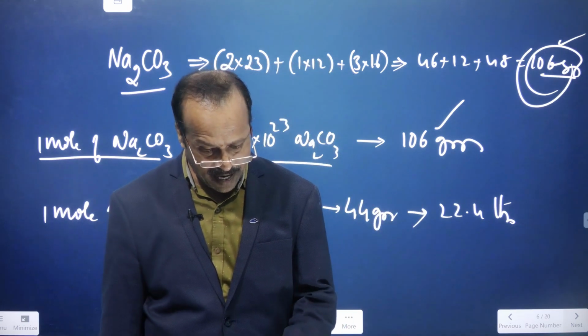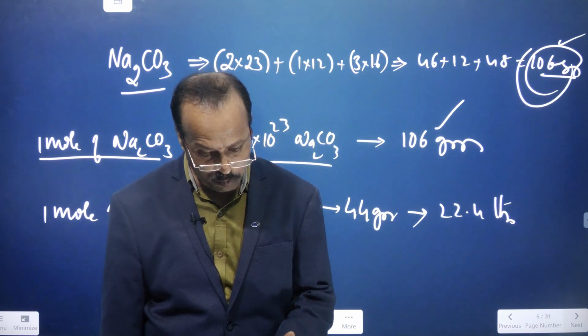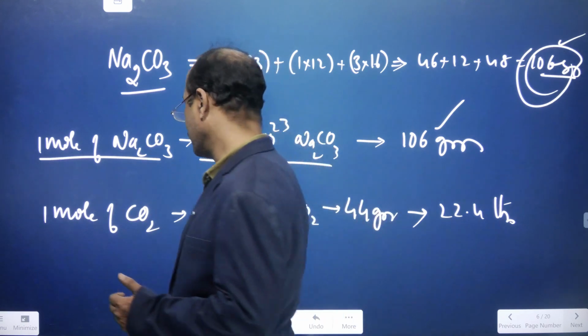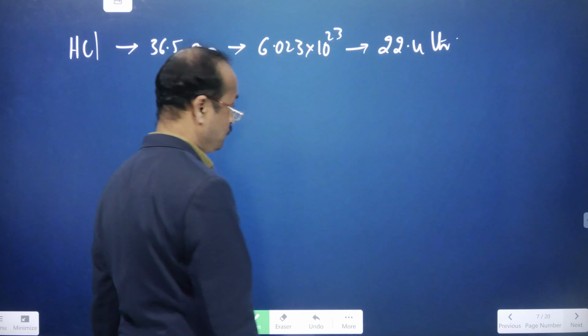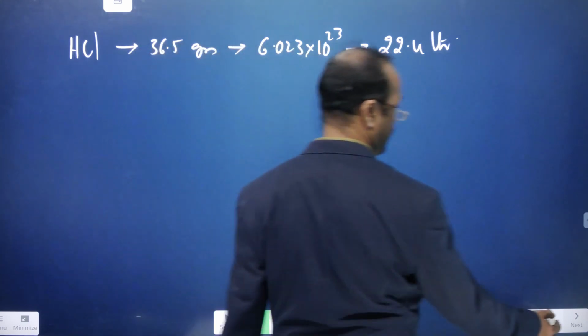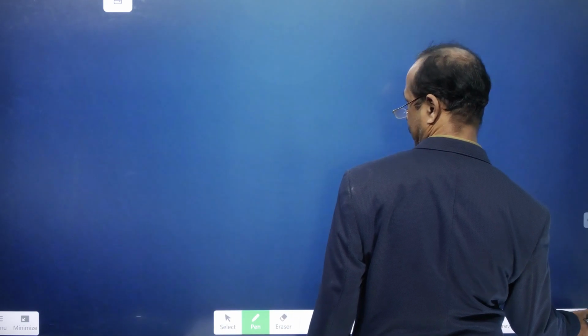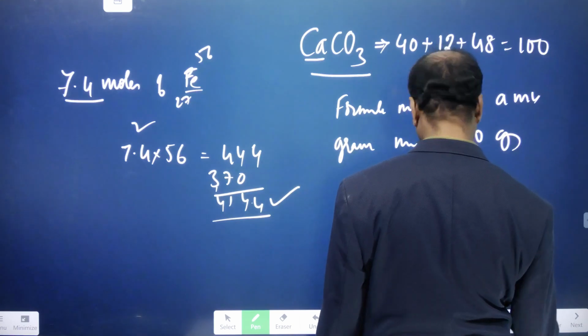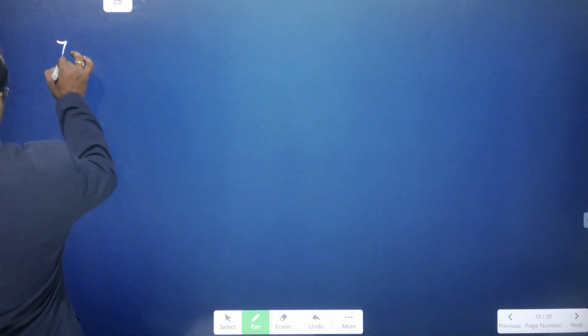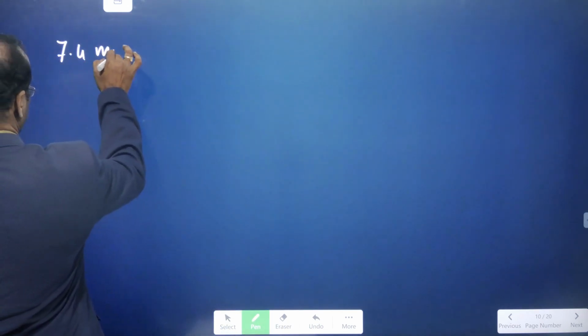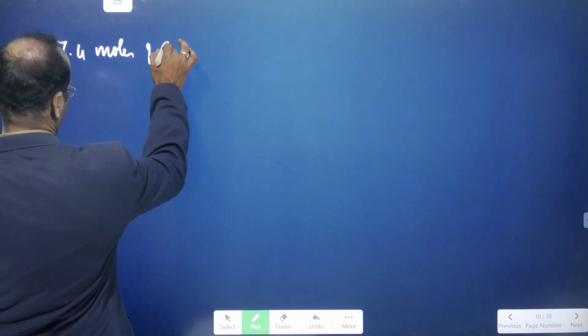The number of atoms in 7.4 moles of iron ore. So see now, what is given? 7.4 moles of iron.